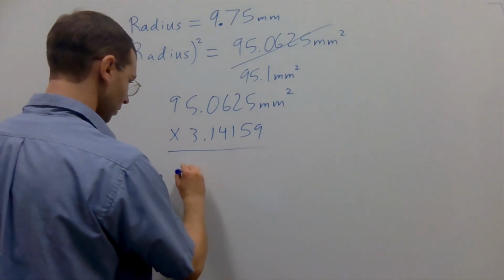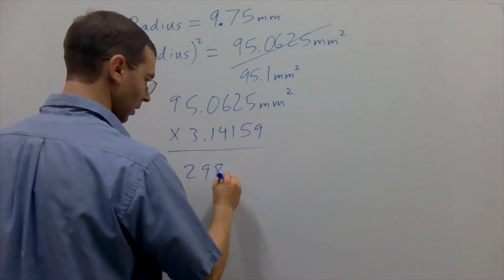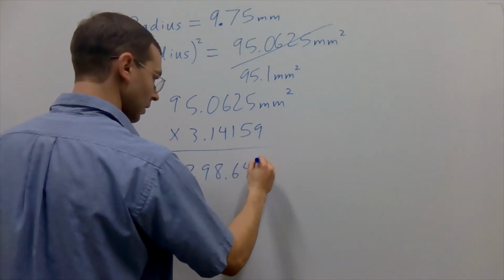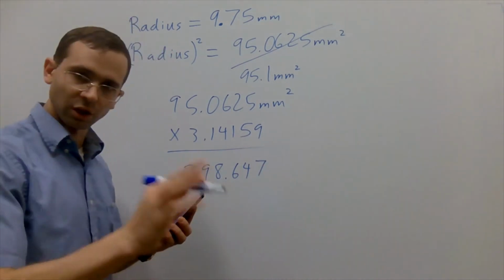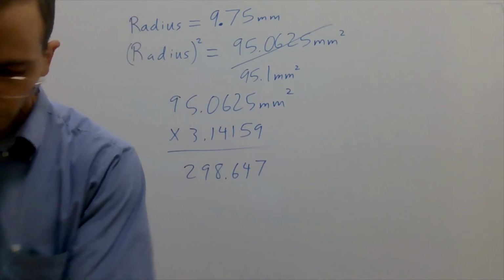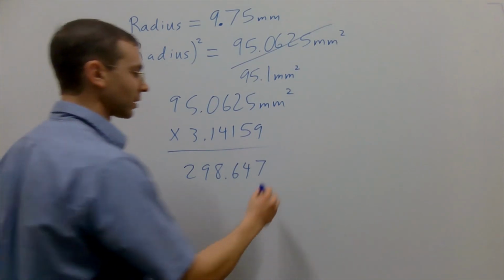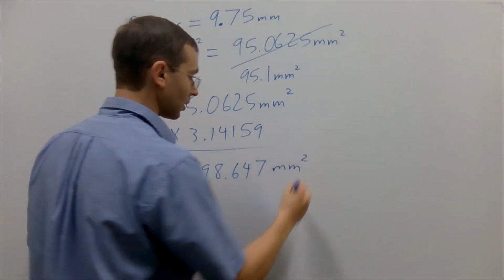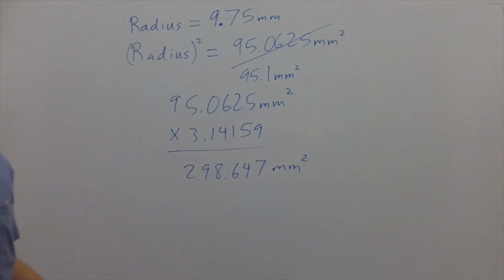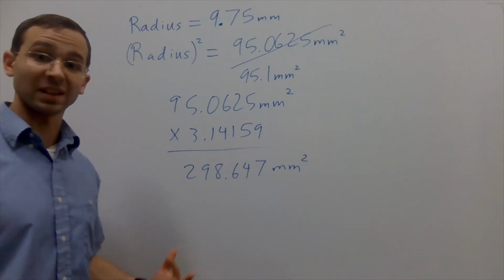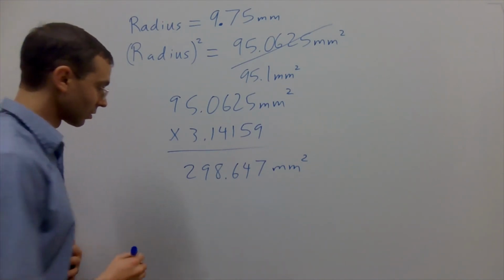I get 298.647 and change. All right. And now we can go back to our 3 significant figures that we determined would be our best precision, the most we can give.